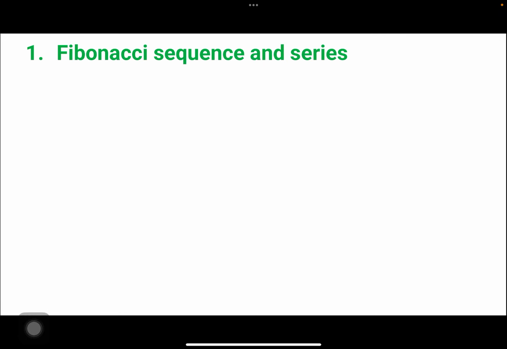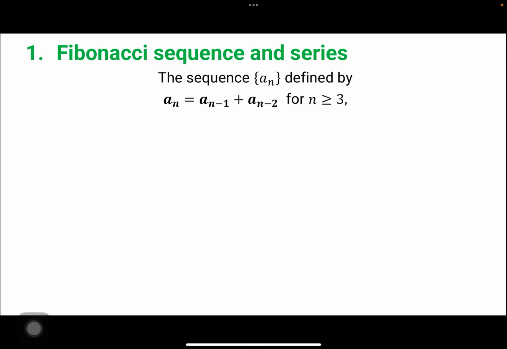So, pag sinabi po natin Fibonacci sequence, ito yung sequence na merong formula na a sub n is equal to a sub n minus 1 plus a sub n minus 2 for n should be equal or greater than 3.